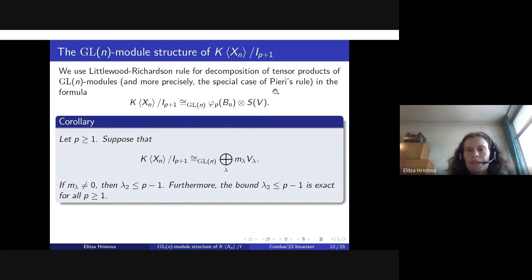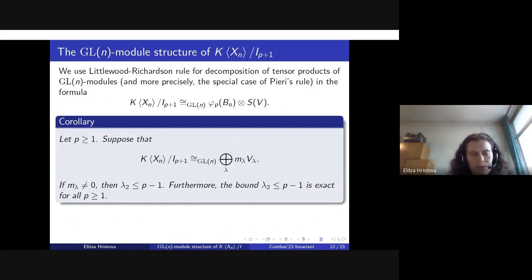And so using this standard branching rule, we obtain as an immediate corollary that if we write down the decomposition of the relatively free algebra K<x_1,...,x_n>/I_{p+1} as a GL_n module, then for the values of the partitions lambda, we have the following restriction: lambda_1 can grow arbitrarily large, but lambda_2 is bounded by the number p minus 1.